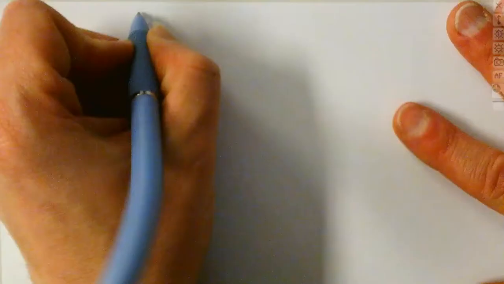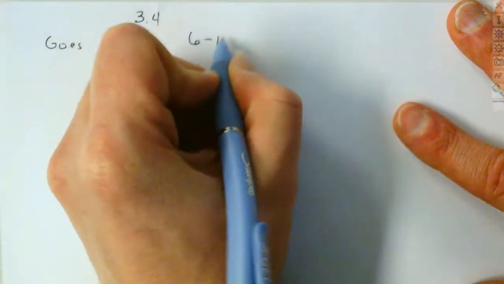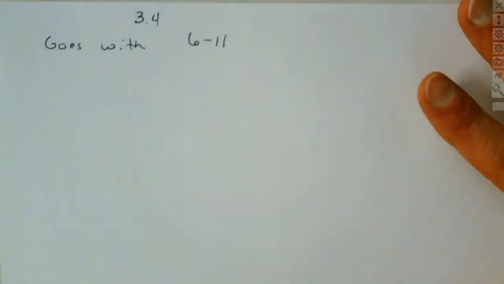So I'm going to give you a slope, and I'm going to give you a point, and we're going to find the answer in slope-intercept form. So we're still in 3-4, and this goes with 6 through 11 in your homework.